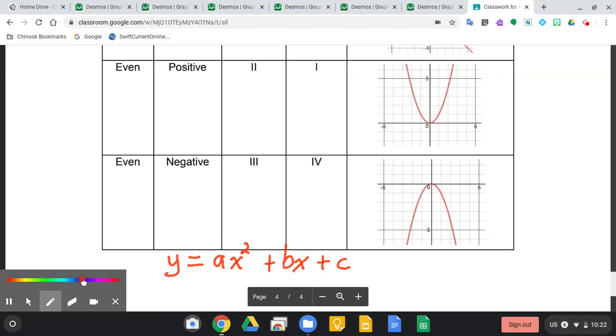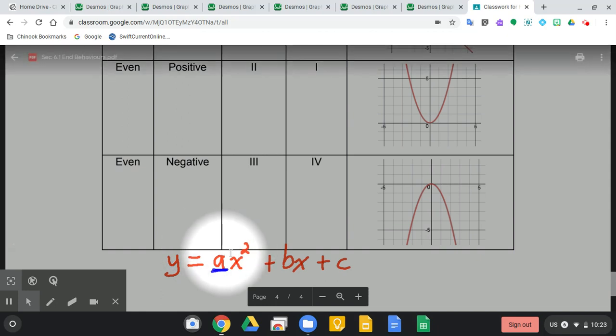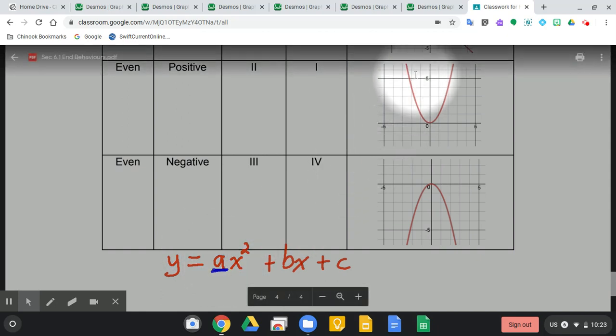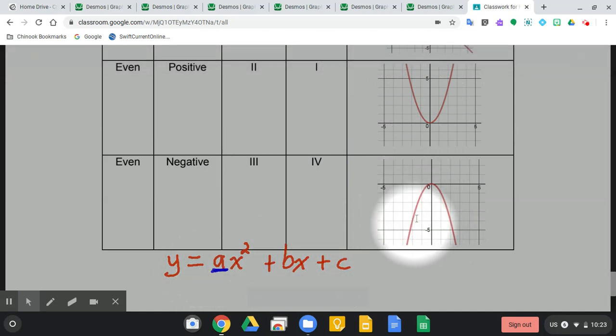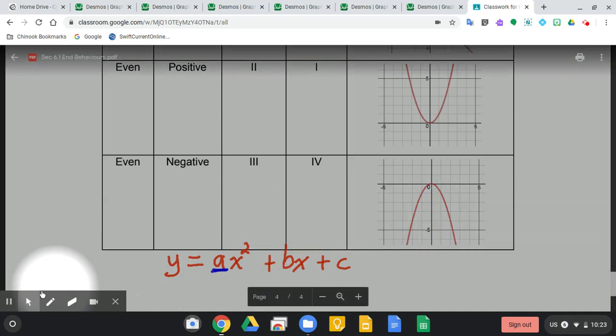And so if I look at this leading coefficient, the number at the very front, if this was positive, that meant our parabola was going to open up. And if this number in front was negative, that meant our parabola was going to open down. And that's going to be the case every single time.